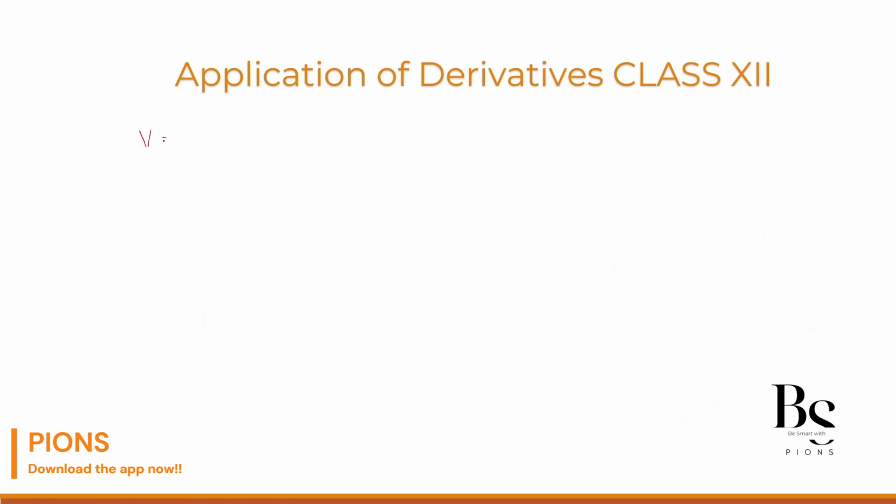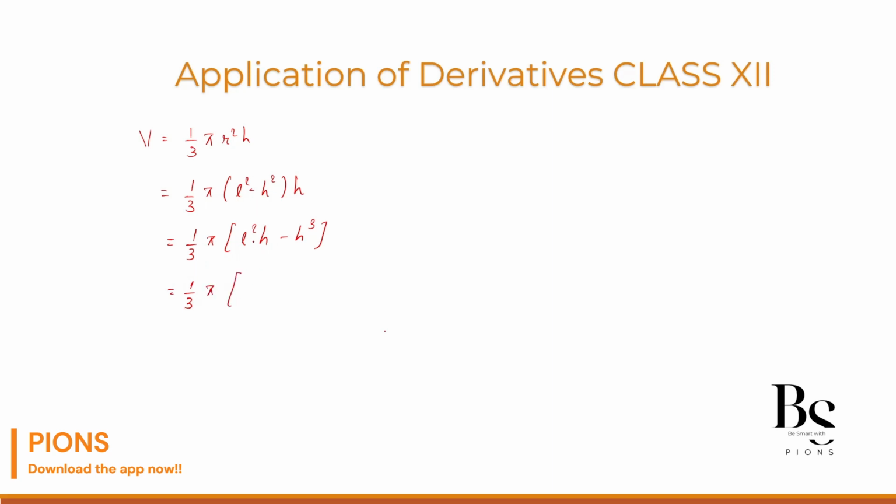Now what is the volume of a cone? Volume of a cone is 1 by 3 pi r square h. And r square is nothing but l square minus h square, correct? Now this will give us 1 by 3 pi times l square h minus h cube. Now let's differentiate it.